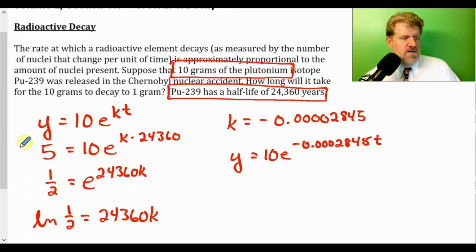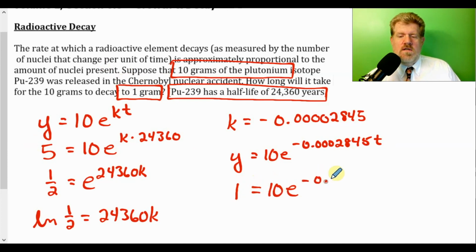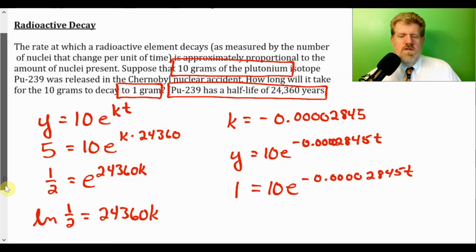But the question is, how long will it take before I only have 1 gram left? So how long? I'm solving for t when I know I got 1 left. I apologize, up here I need an extra 0. I'll just stick it in there real fast. Okay. So just do my little calculation.